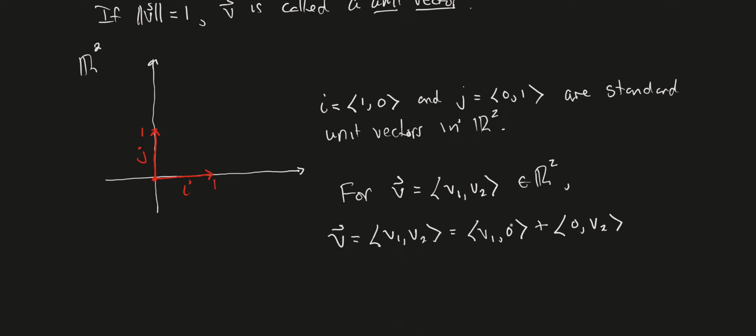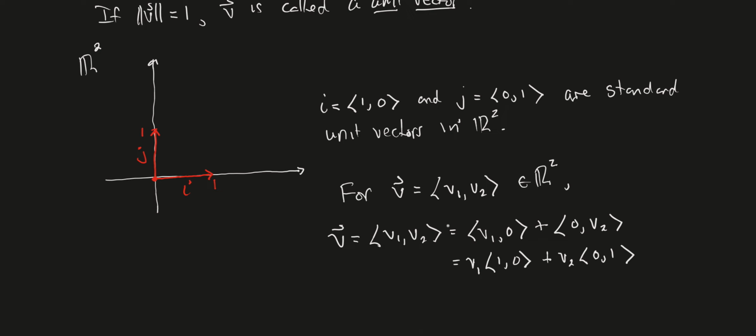This is the vector in the x direction. Notice there's no change in y. And then this is the vector in the y direction. Notice that there is no change in x. Okay. And then what I can do, I can actually do the reverse of scalar multiplication. Let's factor out the V1 out of the first vector. So V1 times 1 comma 0. And then plus factor out the V2 out of the second vector. So put your V2 outside and then 0 comma 1. And then look at what you have now.